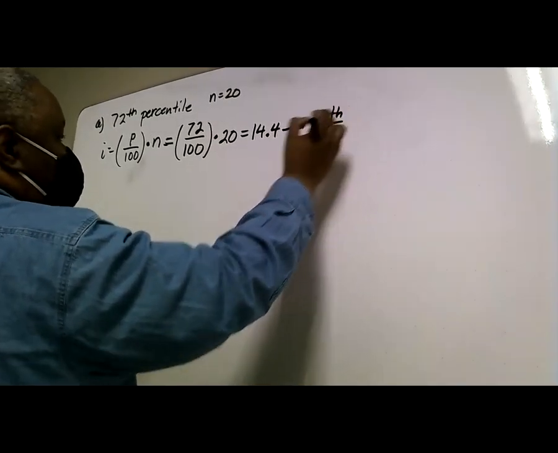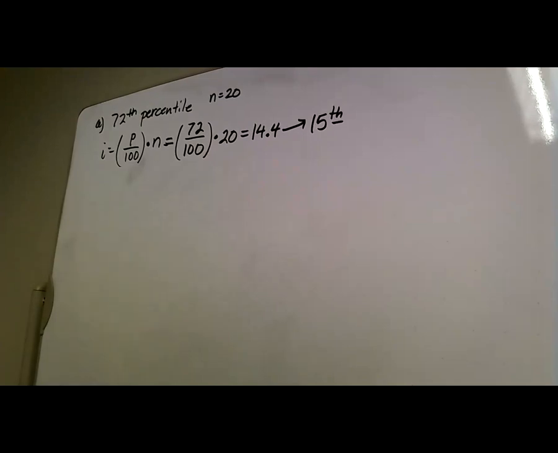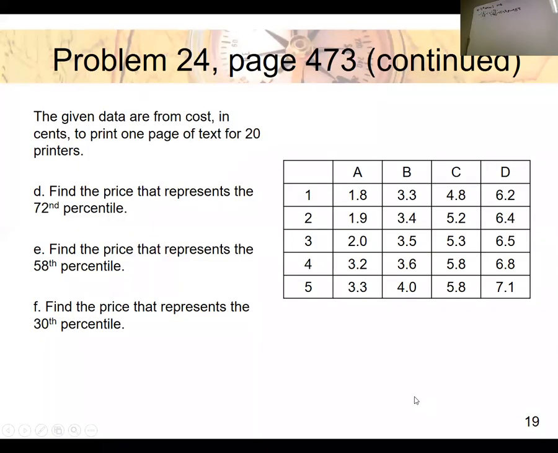So here we're going to be looking for the 15th number that's in this data set that we have here. So going back to here, what is the 15th number in this data set? It's 5.8. It's the 15th number, 5.8.